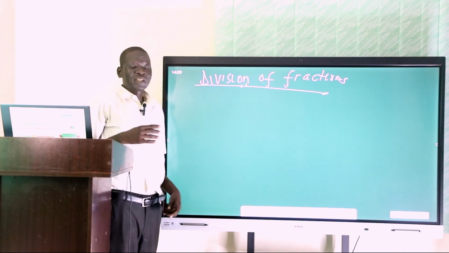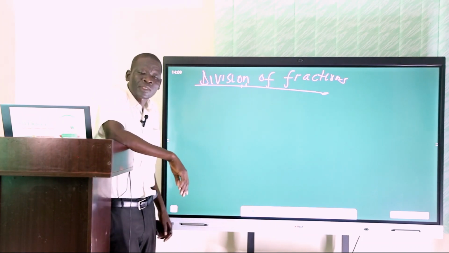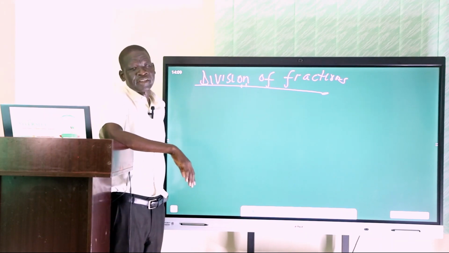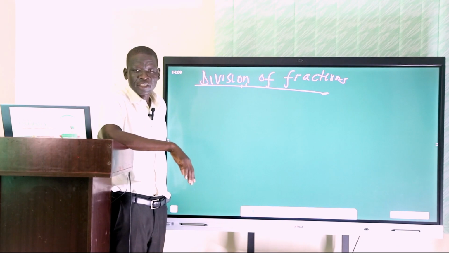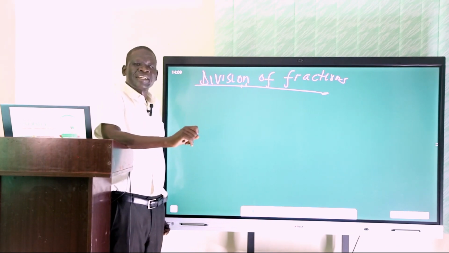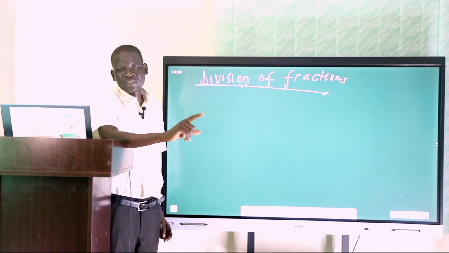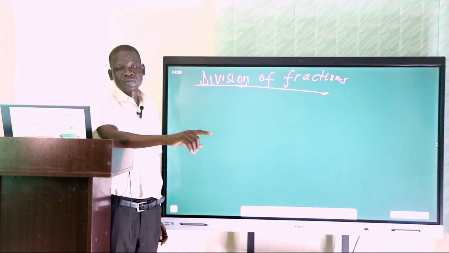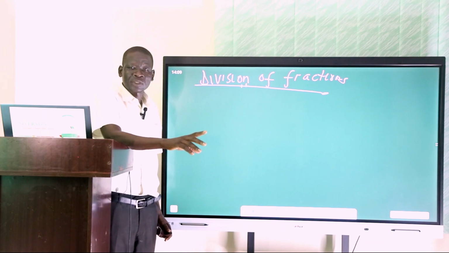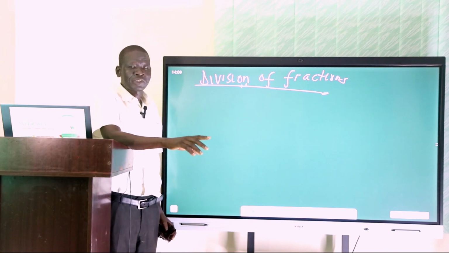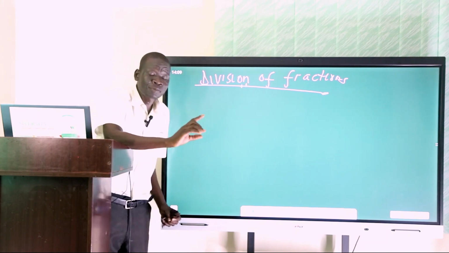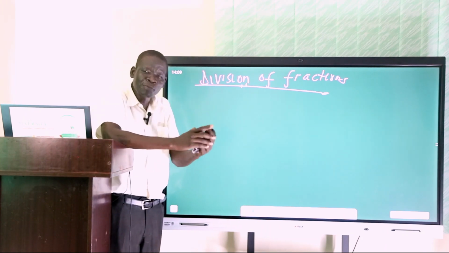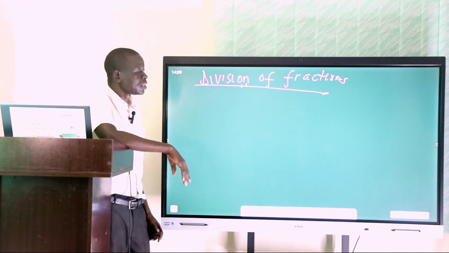So when we are dividing the fractions, basically, you multiply the divisor by the reciprocal of the dividend.